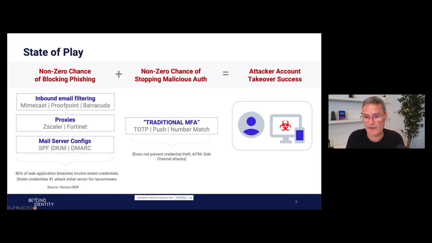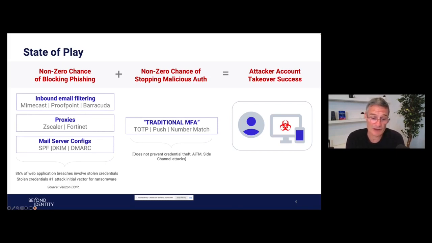And then one of the other lines of defense, particularly protecting against passwords being an easily phishable credential, was MFA, or what we've put here as traditional MFA. When we talk about that, we're talking about one-time passwords, one-time tokens, push notifications, or even things like number match.